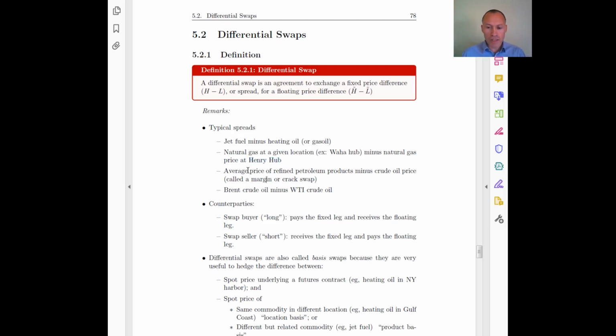We can do a difference between refined petroleum products and crude oil price, and this is called a margin or a crack swap, like we discussed before. We can also think of a difference between Brent and WTI oil, and so on. Like we used before, we're going to call the swap buyer the one that is paying the fixed leg.